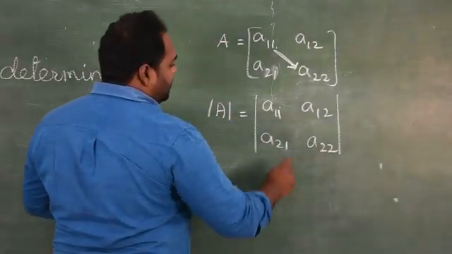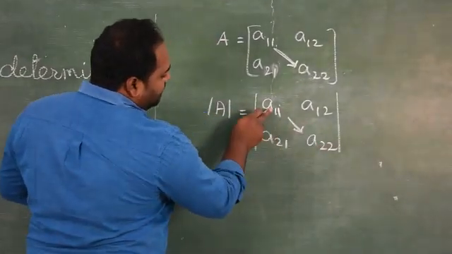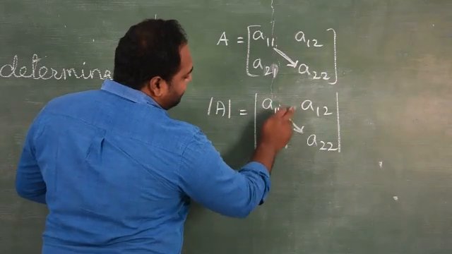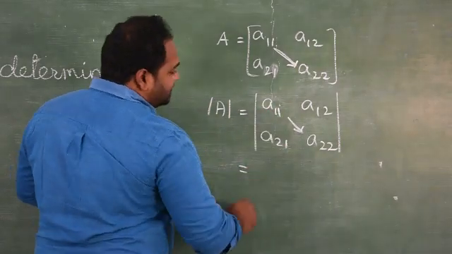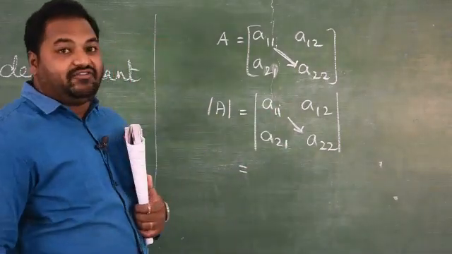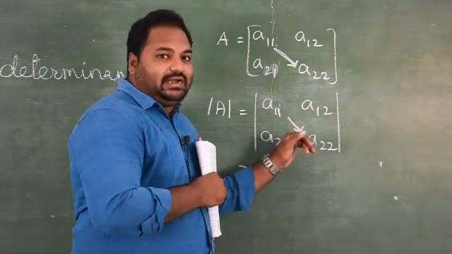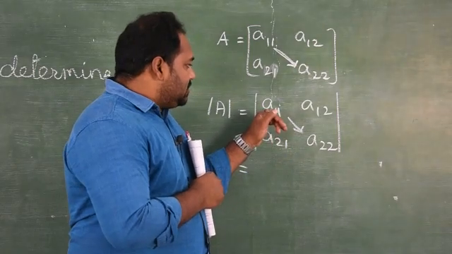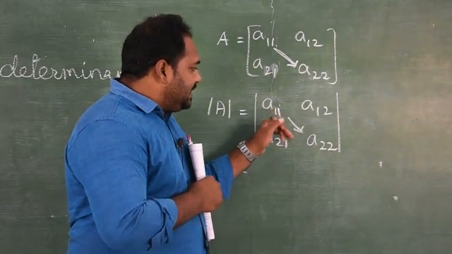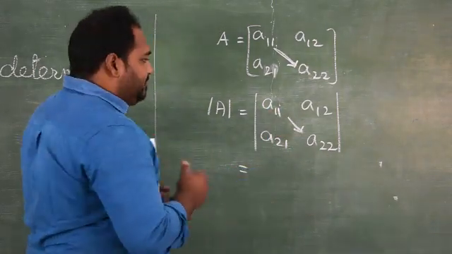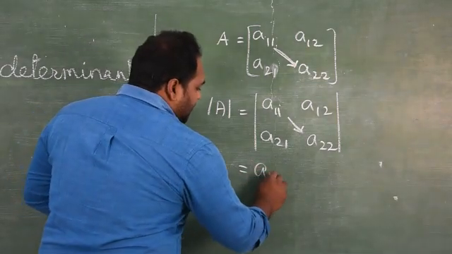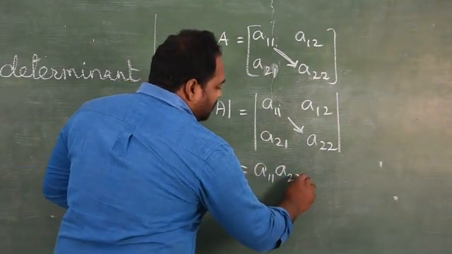So this is a determinant. Just cross multiply. Multiply the first element and the fourth element. This is the procedure for finding determinant for 2 cross 2. Very important. Please listen carefully and learn it.